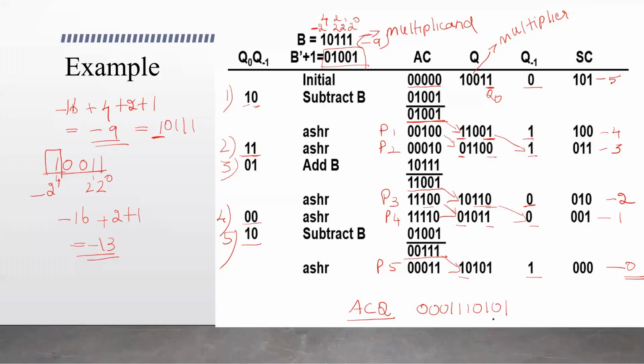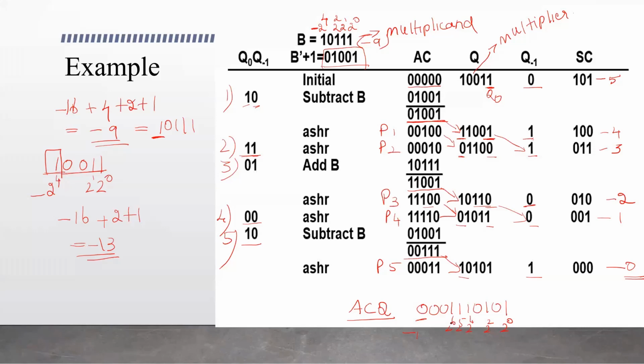What would be the sign of this number? We have 10 bits, we see the most significant bit, it's 0. That means it is positive. Now what is this number? Let's check it. The leftmost position is negative weight, and then 2 power 0, 2 power 2, 2 power 3, 2 power 4, 2 power 5, 2 power 6.